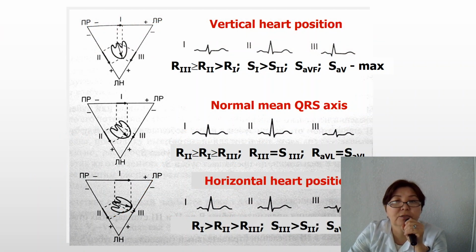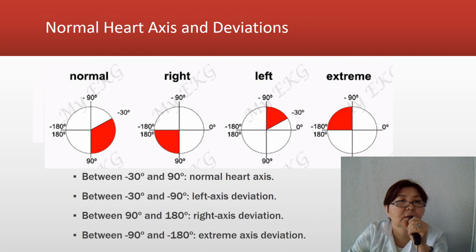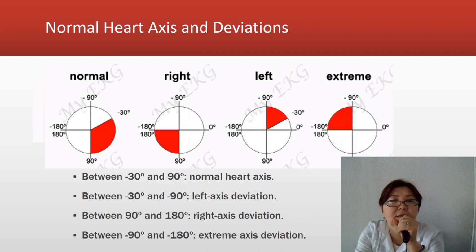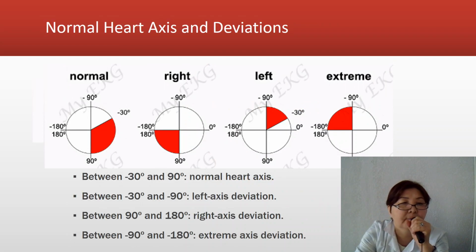And position of heart. It can be vertical heart position, horizontal heart position, and normal mean QRS axis. Normal heart axis and deviations. Normal can be between -30 and 90 degrees. This is the normal heart axis.